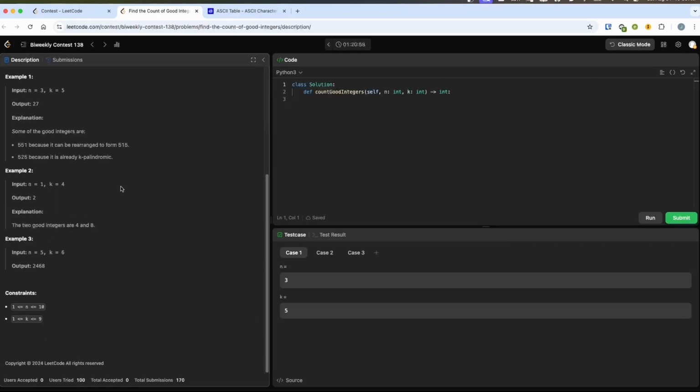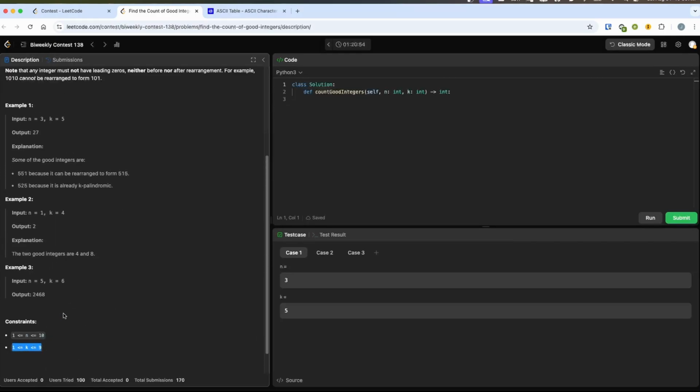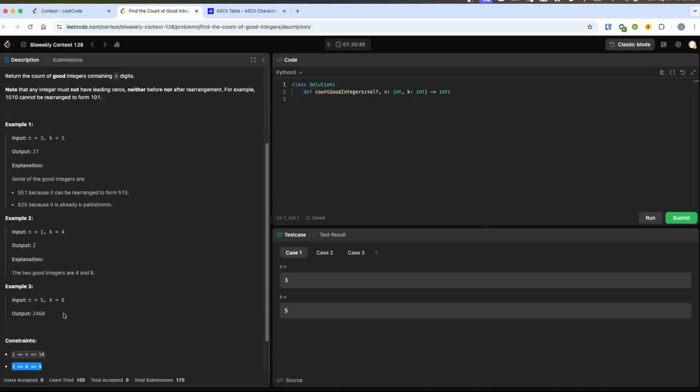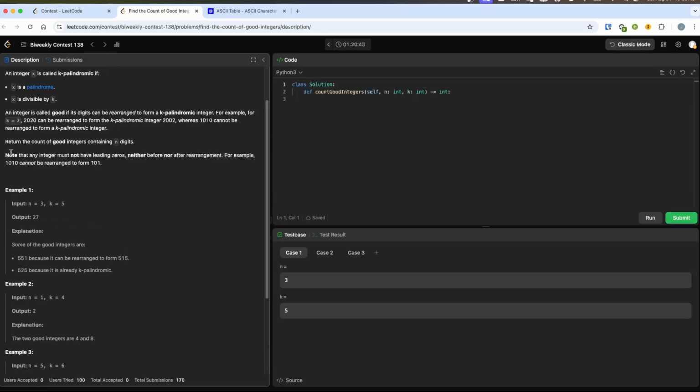okay, so what's our constraints? Very small. Is this probably backtracking? Yeah, so the constraints are very small. Return the count of good integers. An integer must not have leading zeros. So this is really a backtracking or like a digit DP kind of thing.